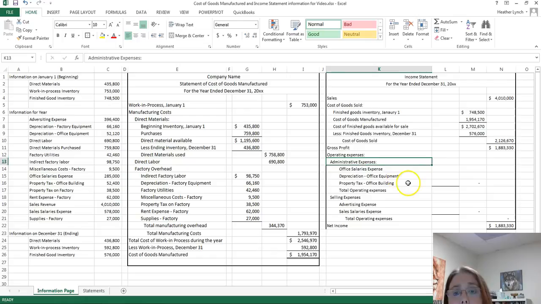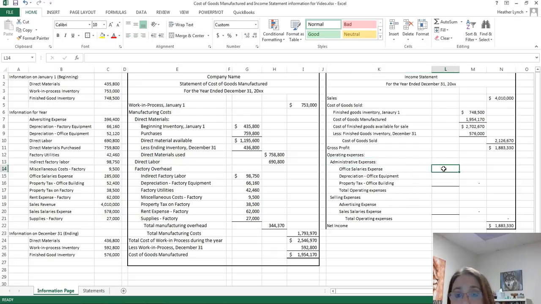Okay, so we're going to start with our operating expenses. Now we're going to get those things that did not say factory into the income statement. So let's find what we have here that we have not used. We have office salaries expense. For administration, we have to pay our people to do the accounting work, right? So that was $285,000. We have depreciation. Remember when I showed you when we did the cost of goods manufactured, you had a depreciation for factory.